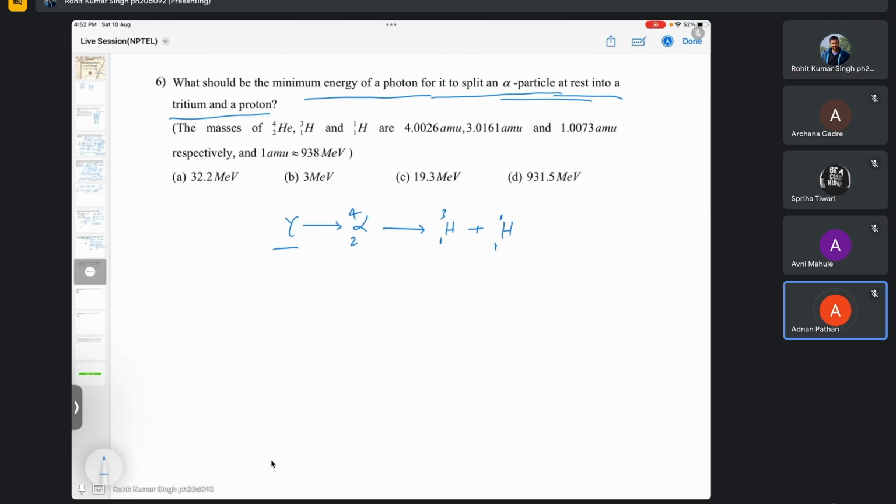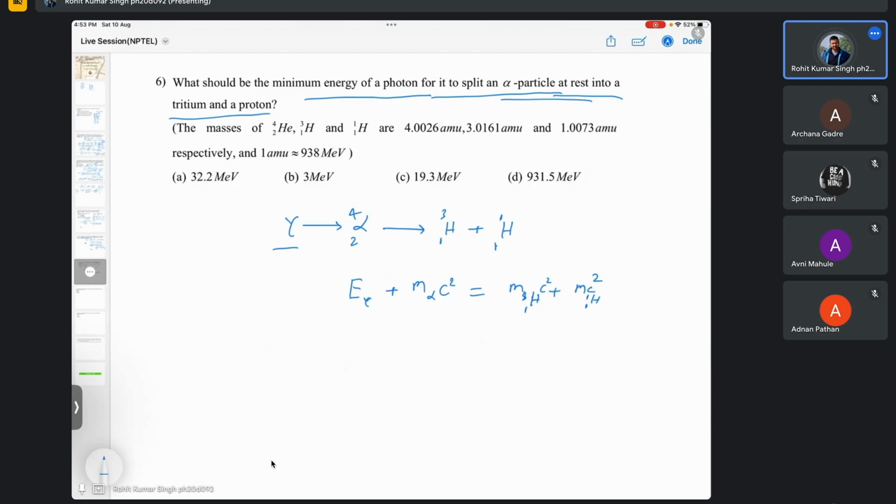For it to split, we can write it like this: energy of the photon plus mass of alpha particle should be equal to mass of tritium plus mass of proton.